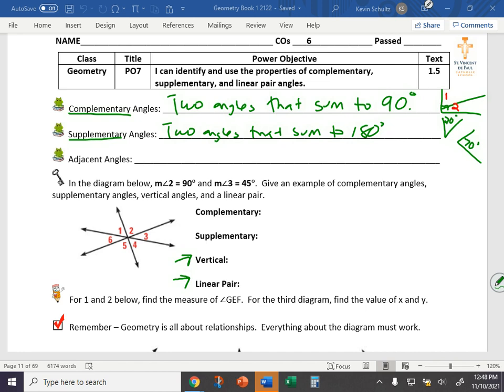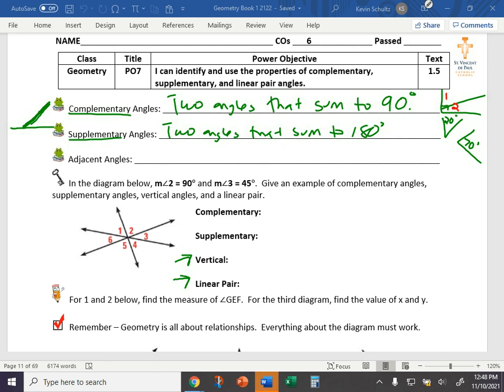Drake? What do you mean? Okay, so if you've got a straight angle that's been divided into two angles, do those two angles make a linear pair?